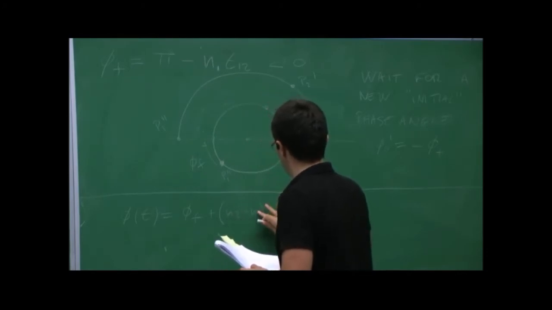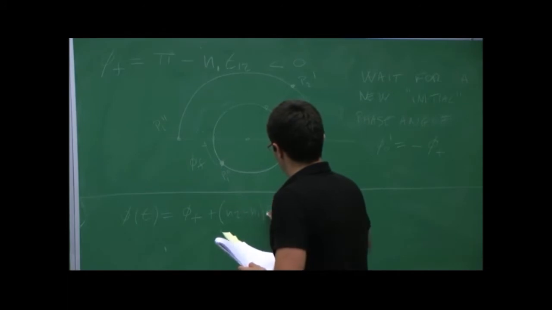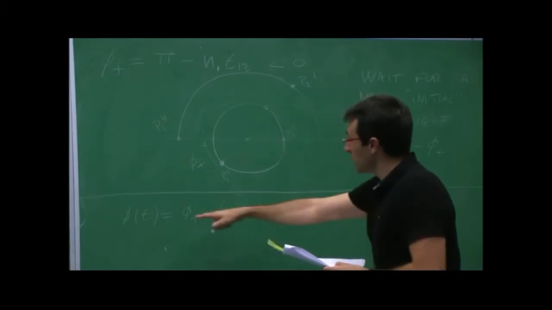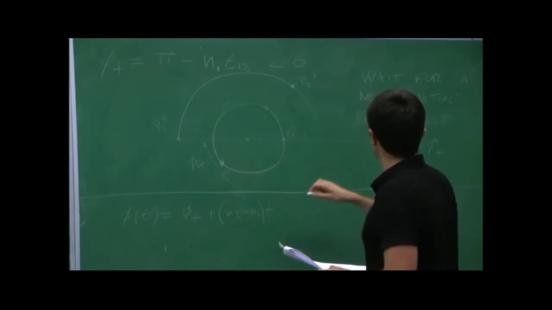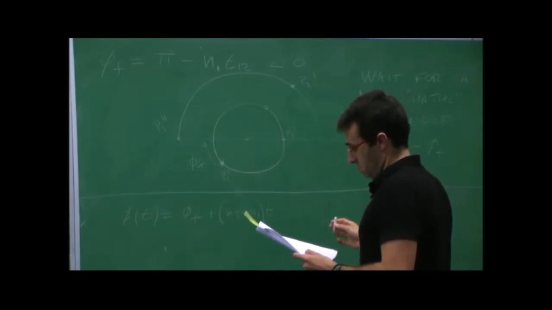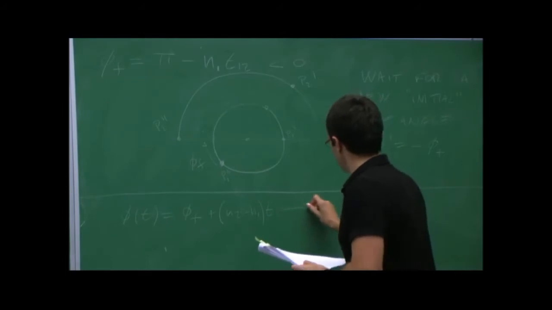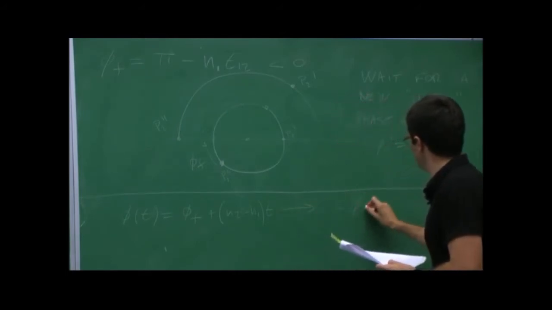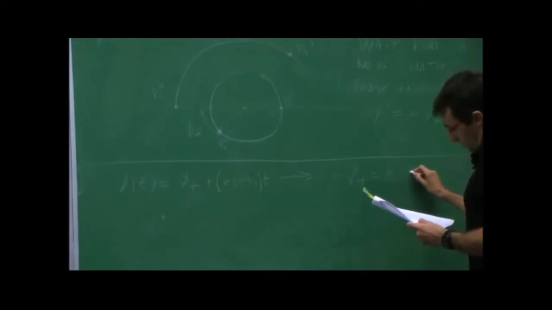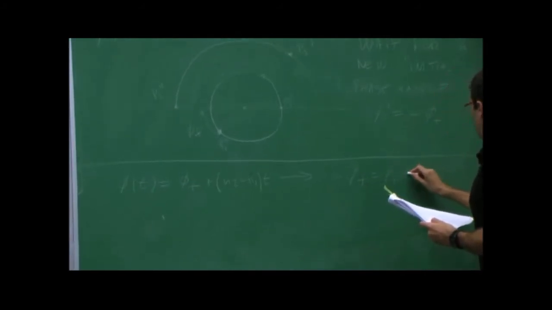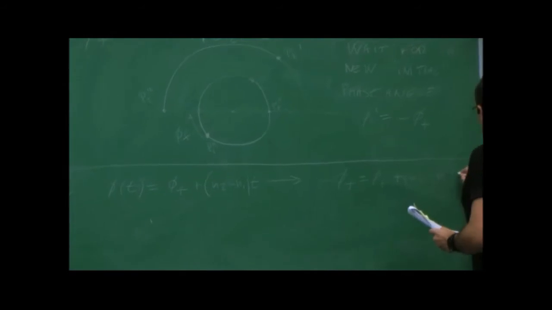This is something you should have seen in the video. But I know that I want to find the right time so that phi becomes minus phi final. So I'm going to substitute this in my desired angle, so I get plus n2 minus n1 t.